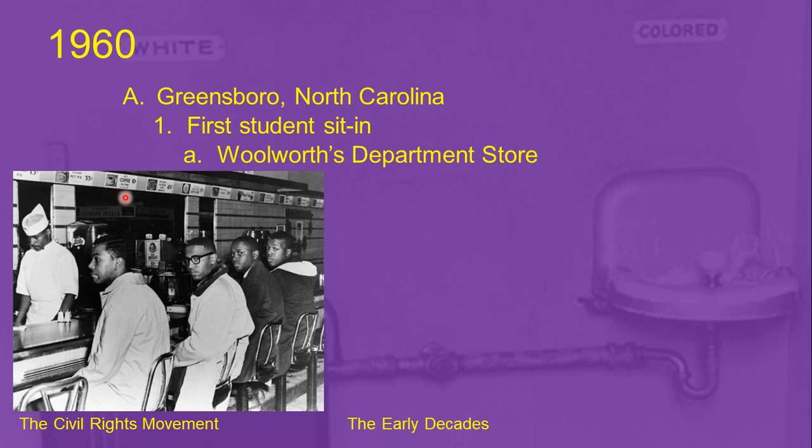And if you look over in this picture, just one thing to point out, who the server is. A lot of the people that worked on the lunch counters were African Americans, and they could not serve their own kind. Not because they didn't want to, but because if they did, they were going to get fired.